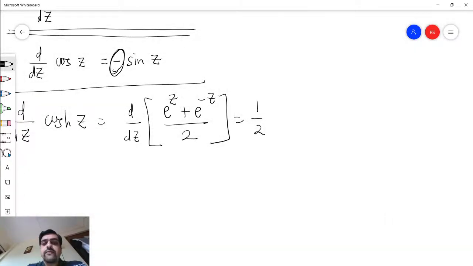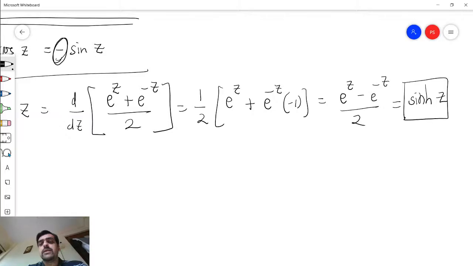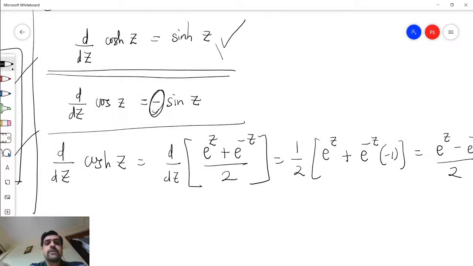Now the derivative of e raised to z is just e raised to z, plus the derivative of e raised to minus z is e raised to minus z into minus 1. Now this is nothing but e raised to z minus e raised to minus z by 2, which is defined earlier as sinh z.